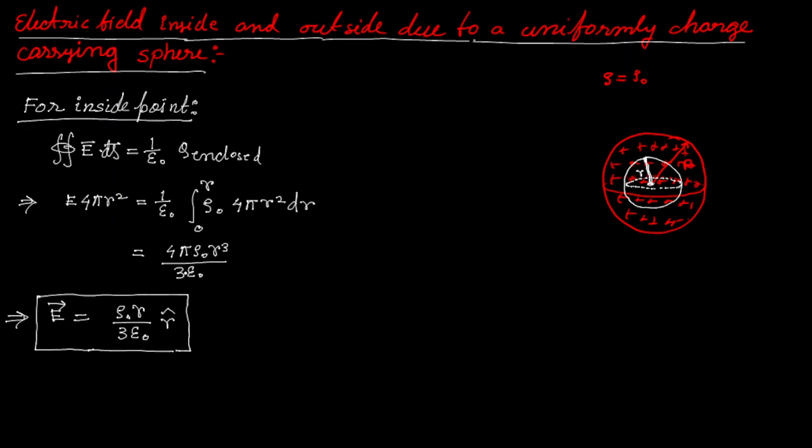If we get a negative value of electric field, then it will be in the minus r cap direction. Okay. So this is the electric field at any point inside the sphere at a distance r from the center of the given charge distribution. So when we talk about an inside point, that means in this case the value of small r will be less than capital R.